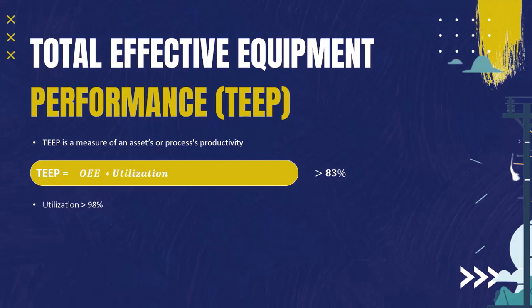And the best practice for the utilization is 98%. So TEEP actually equals availability multiplied by performance multiplied by quality multiplied by utilization. It is important to memorize the best practice percentage for those parameters, as you will need them in the CMRP exam. So now let's have an example on this.